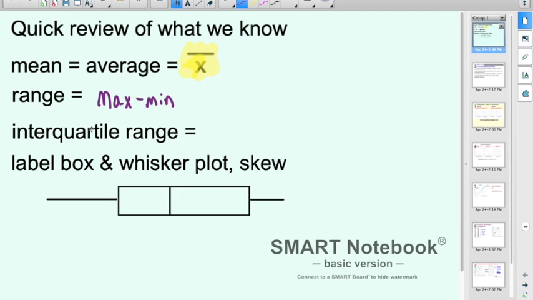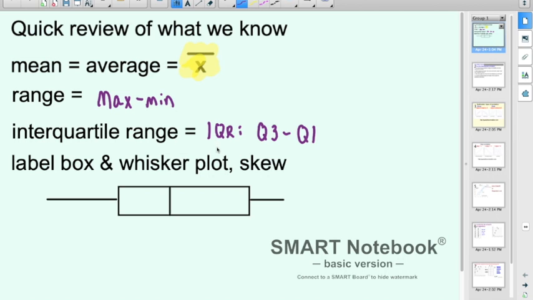Interquartile range. That is the IQR, which we said in the last lesson is Q3, quartile 3, minus quartile 1. Okay?